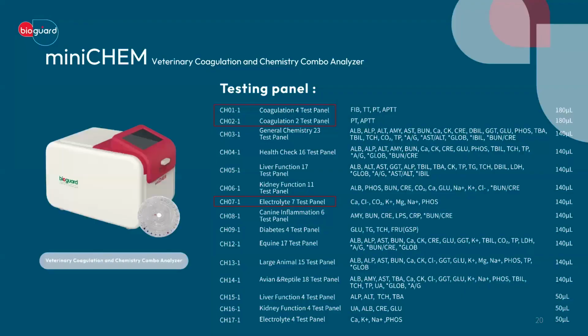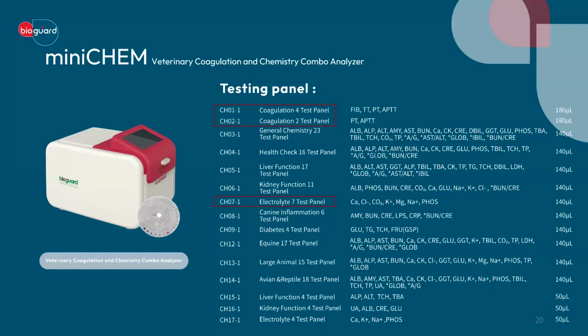When we talk about biochemistry tests, our Minicam plays a very important role, because as I told you, in parvovirus diagnostics, coagulation as well as basic chemistry analysis, particularly the electrolytes, is very important.